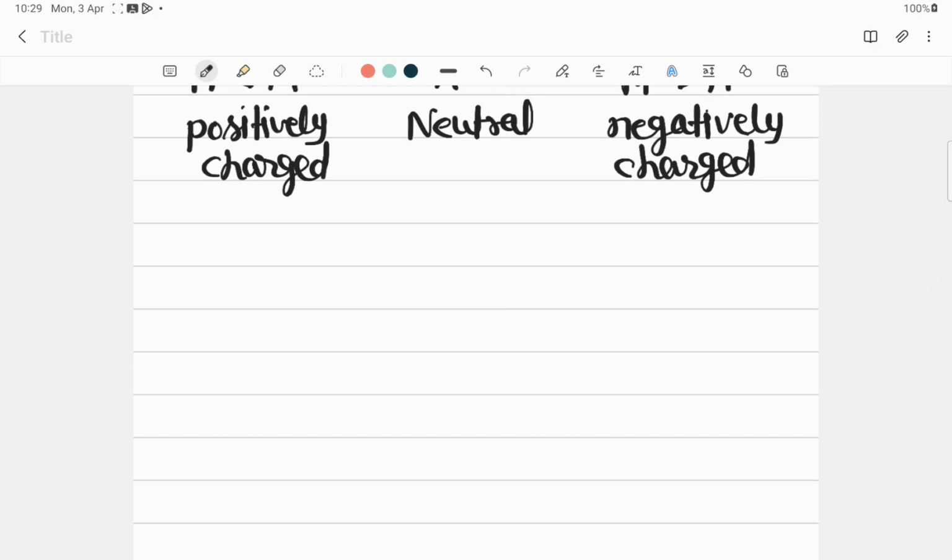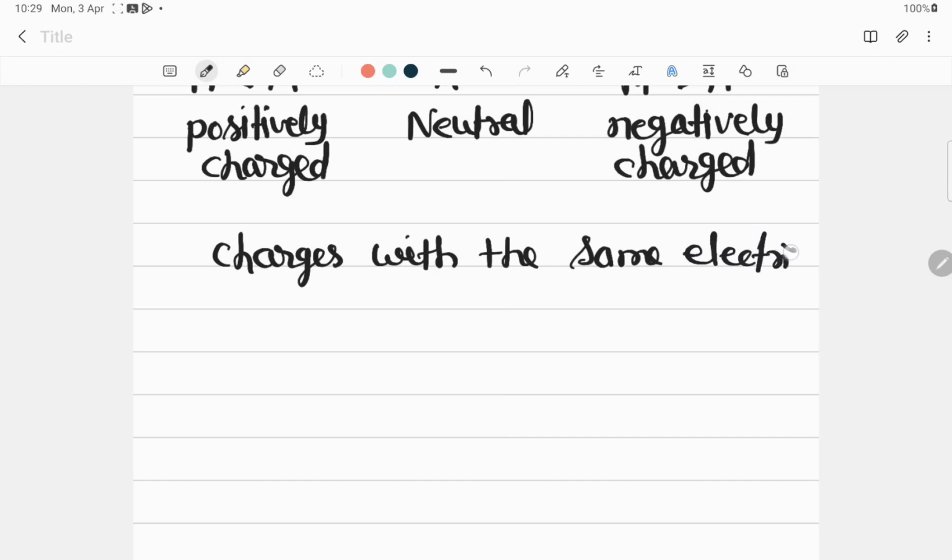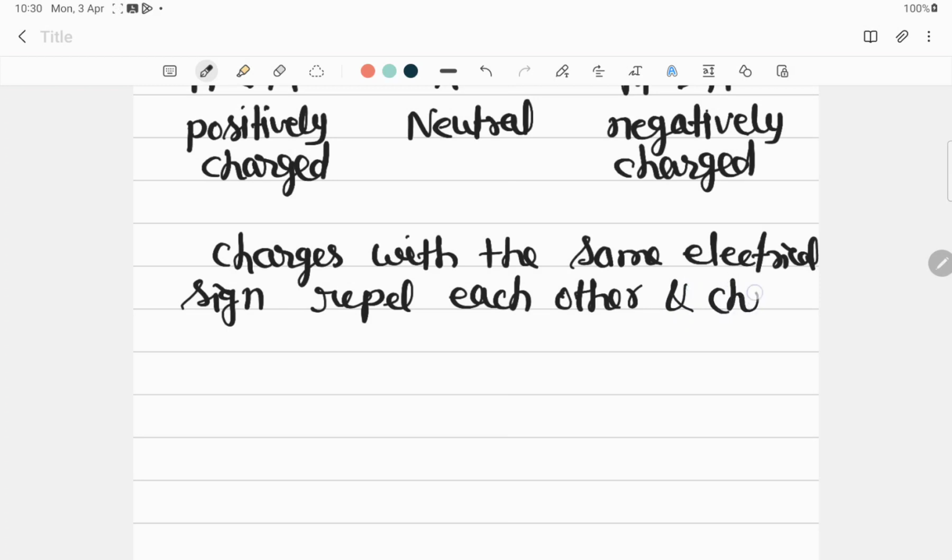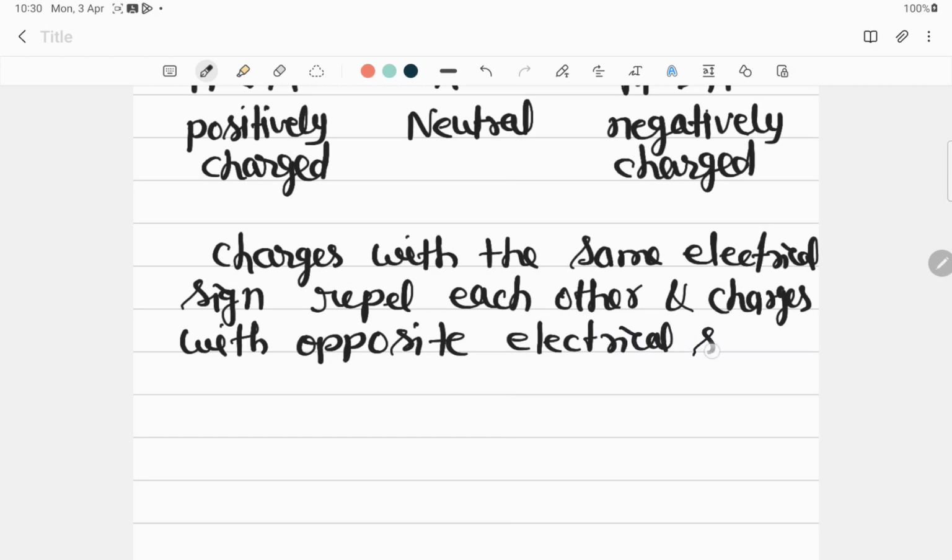So now also, charges with the same electrical sign repel each other, and charges with opposite electrical sign attract each other.